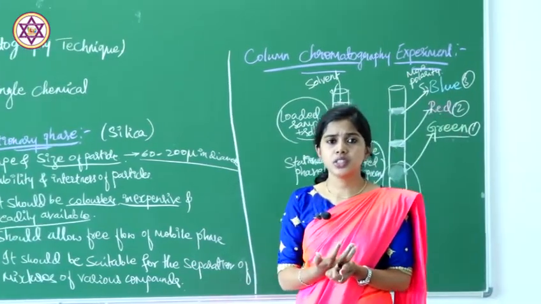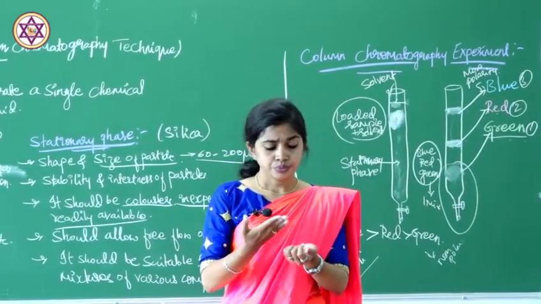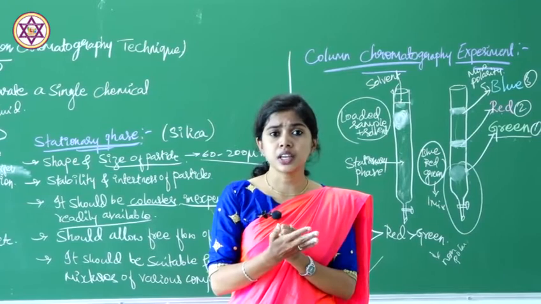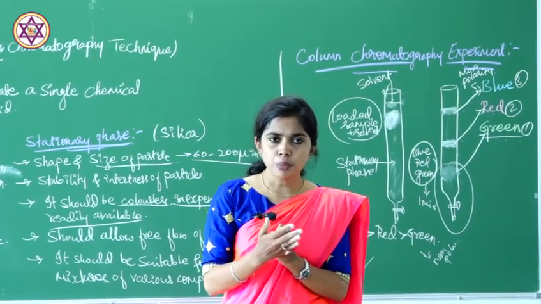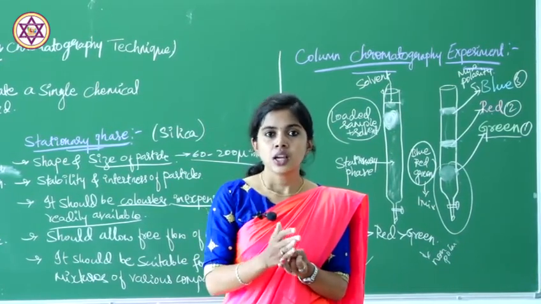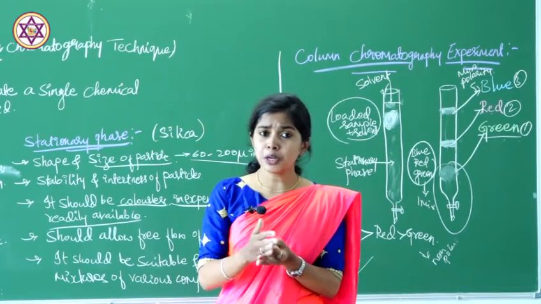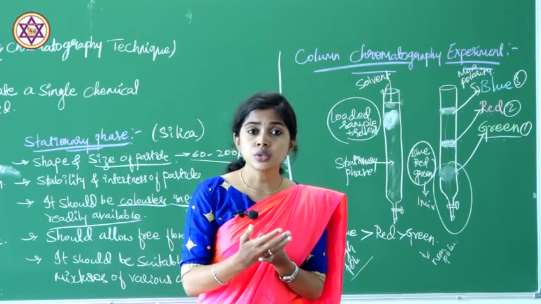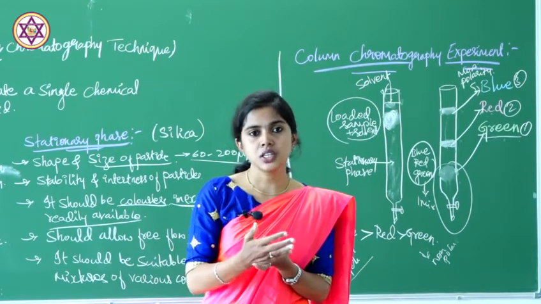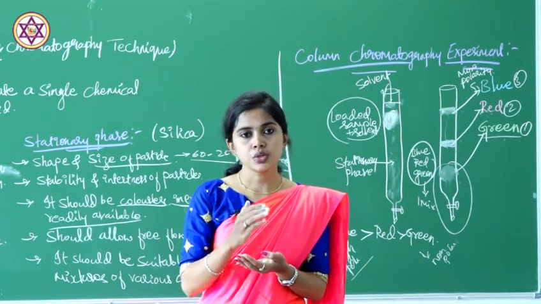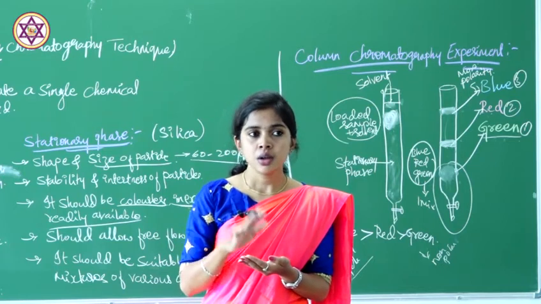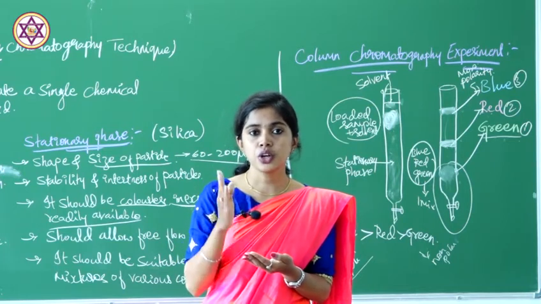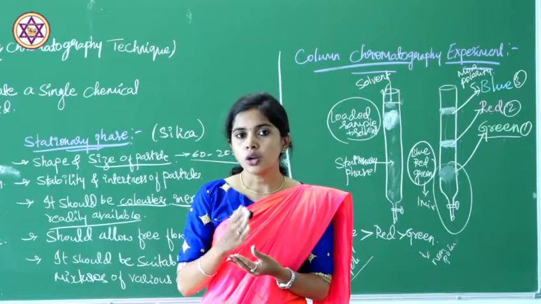We can use it for the separation of compounds, separation of drugs, metabolites in biomolecules, and to separate impurities out of a compound. That is the method used for the separation of compounds by column chromatography.